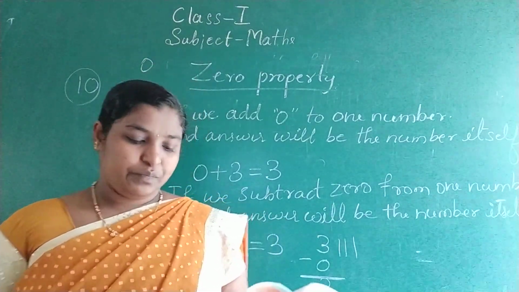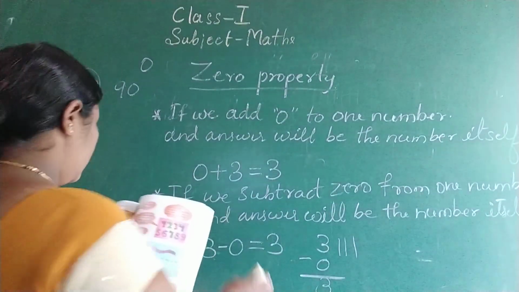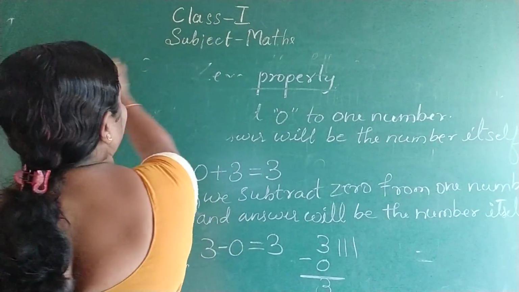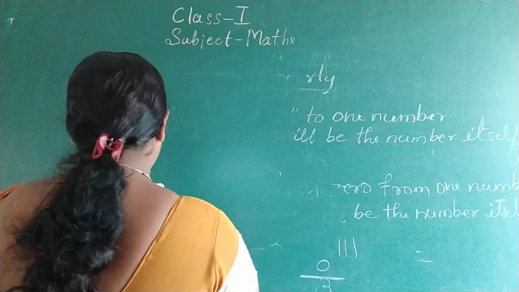Mental maths. 0, 1, 2, 3, 4, 5, 6, 7, 8, 9, up to 9, the 1-digit numbers.